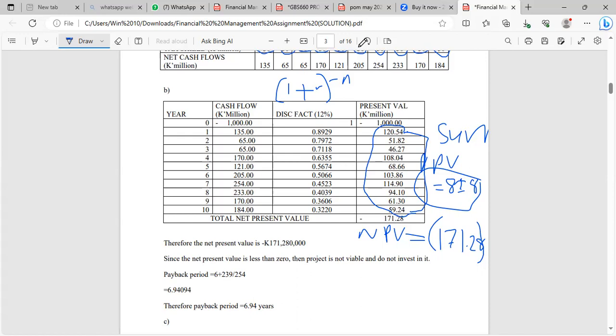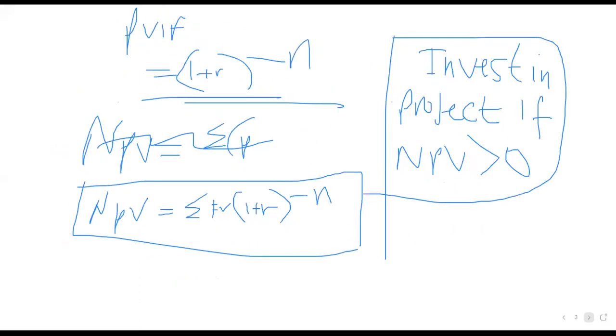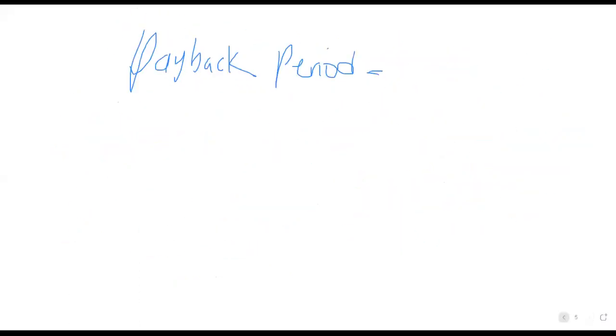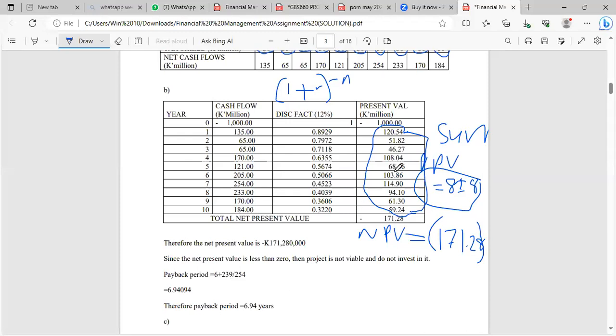Yes, I can get you. So what I'm trying to say is, from the formula here, we said our NPV is equal to the sum of present values of all cash inflows minus the initial investment in the project. You can see from here the addition from year 1 to year 10.